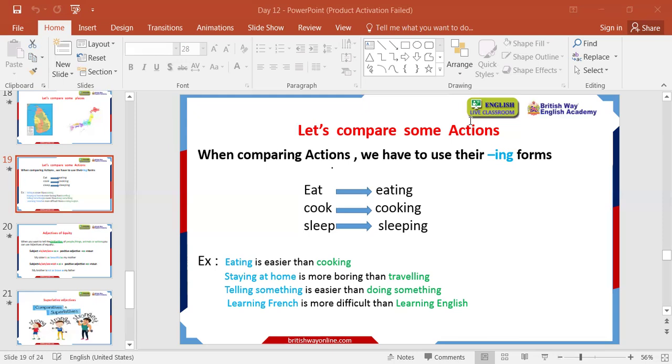Not telling, speaking. Speaking is used for talking, telling is for telling something. Cooking is funnier than cleaning. Laughing is better than crying.